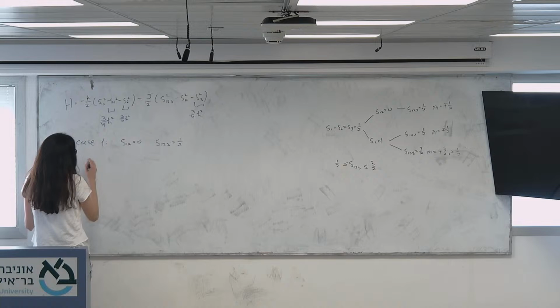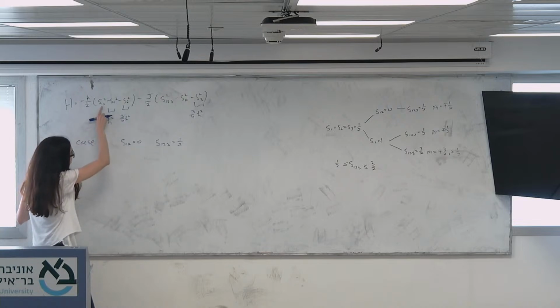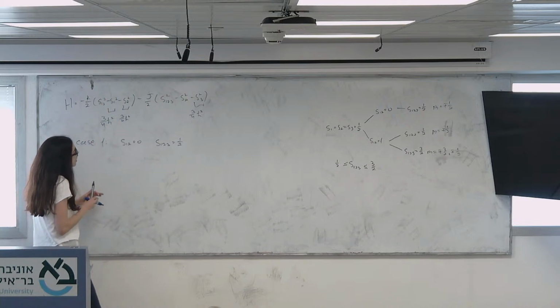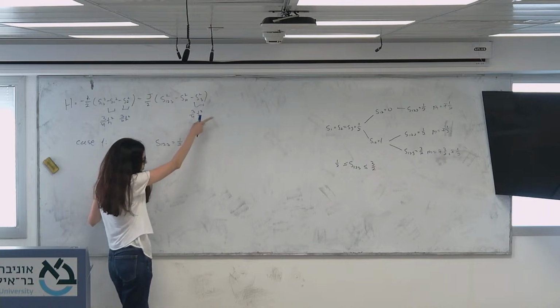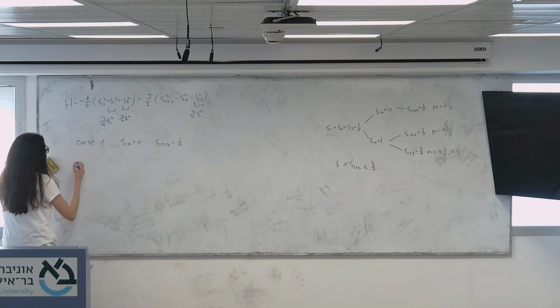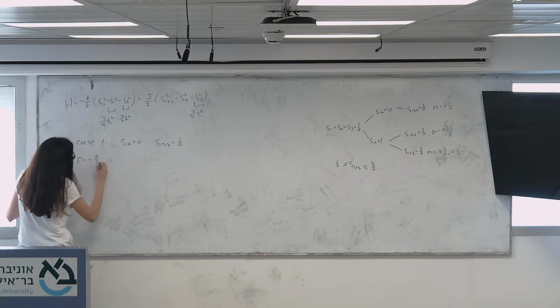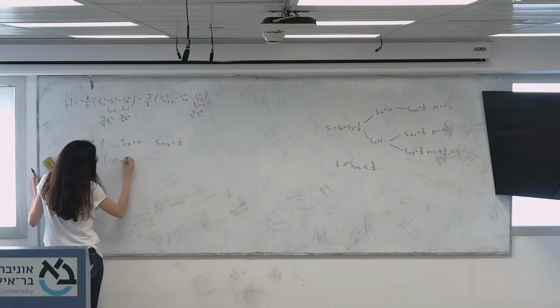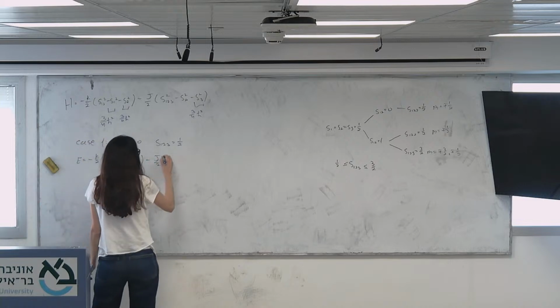So the expectation value of S12 square is going to be 0, and for S123 it's going to be 3/4 multiplied by h bar square. So E equals minus k/2 times 0, plus 3/2 h bar square times minus j/2.